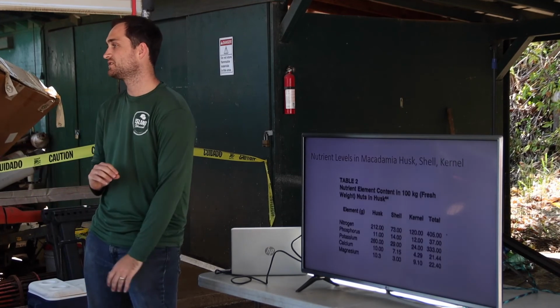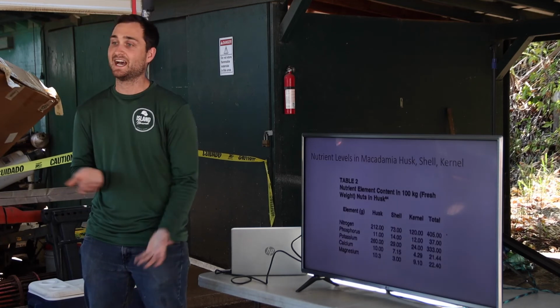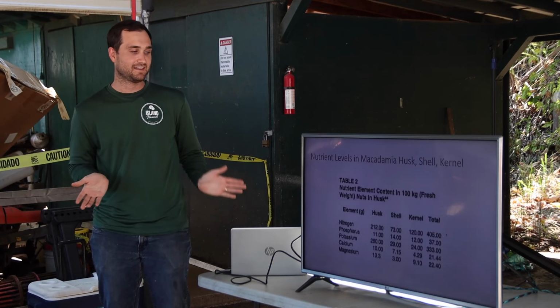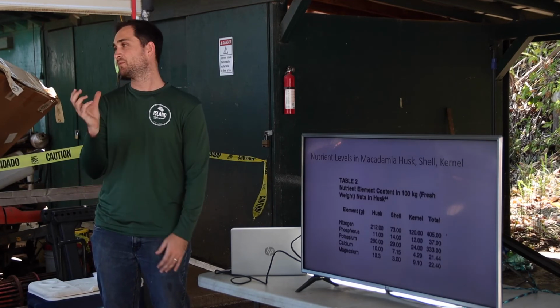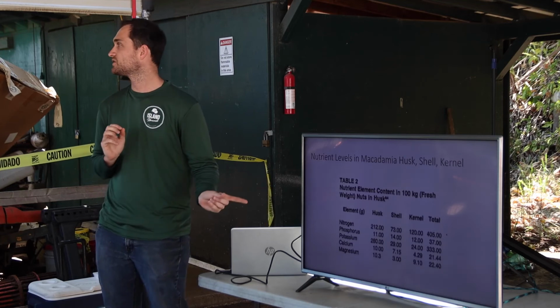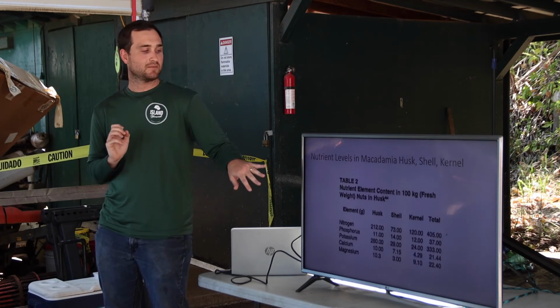It has its own issues, and everyone can have a different way of trying to address that. But I think it's important to point out just how much of the nutrients are contained in the husk. This is from Mike Nagao's paper in 1992.